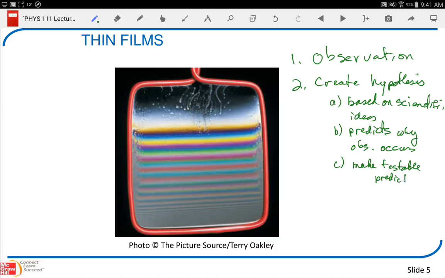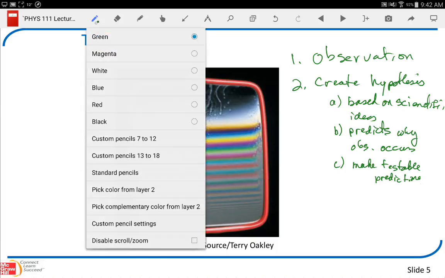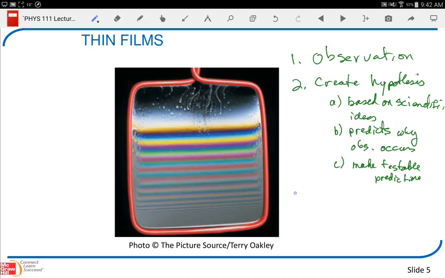One of my biggest goals for this class is for people to not only be able to say these words, but to be able to apply them. That's why it was on the first exam, and it'll be on the final exam as well. It's one of my biggest goals for the class. So, step 3.